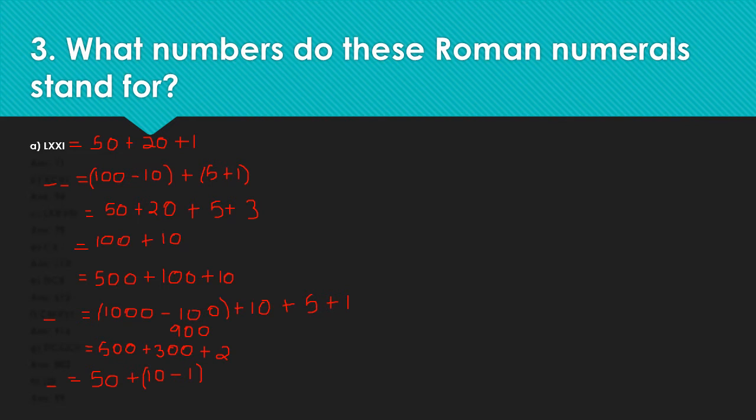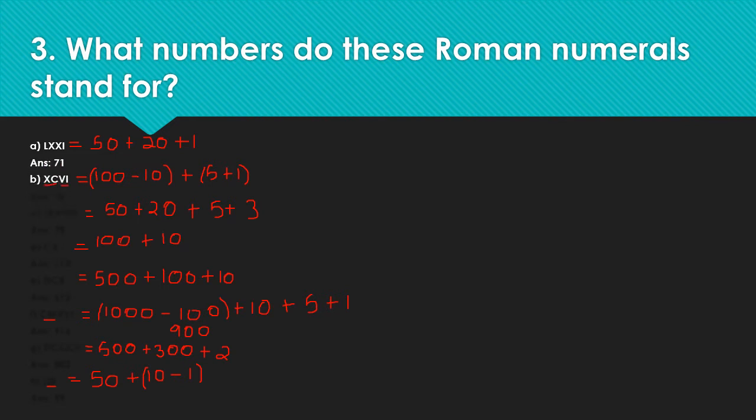L is 50. Then 2 times X is 20. Then I is 1. So now you add this, 50 plus 20, 70. 70 plus 1, 71. So the answer is 71.